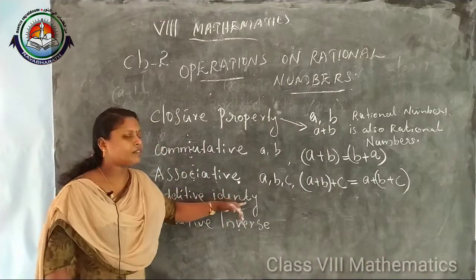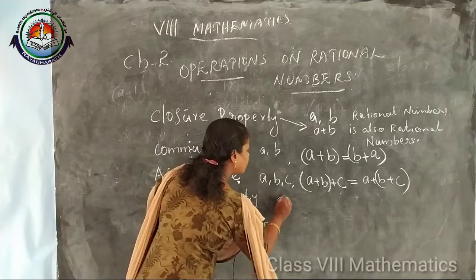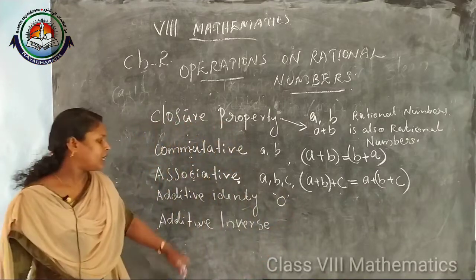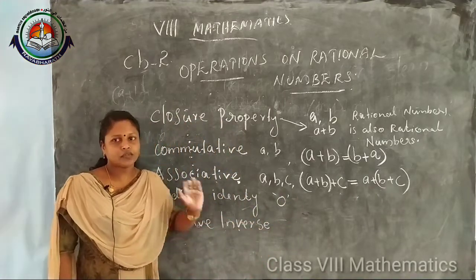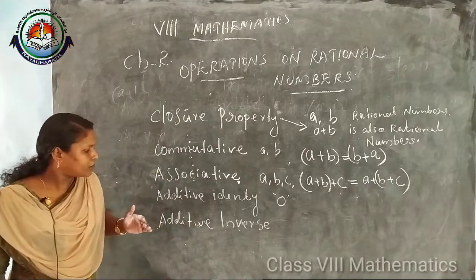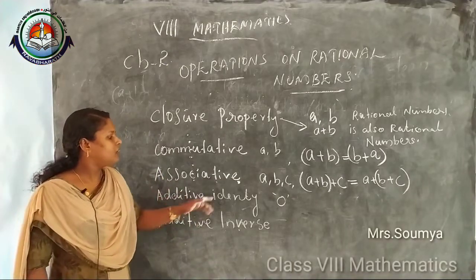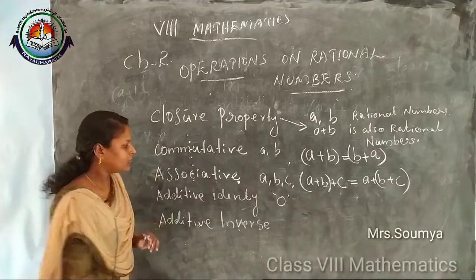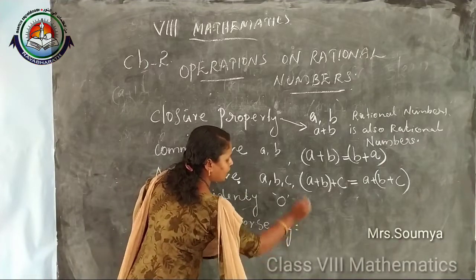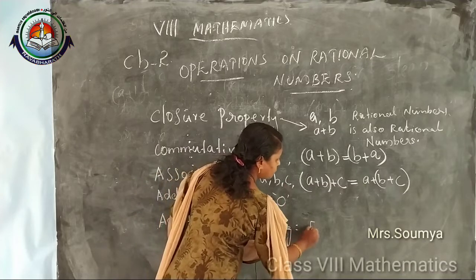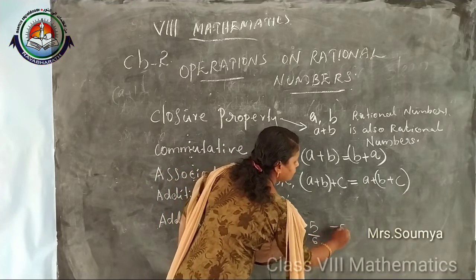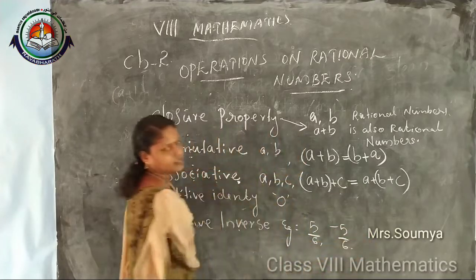Which is the additive identity? 0 is the additive identity. And additive inverse means if you add a rational number to another rational number and the sum is 0. Example, the additive inverse of 5/6 is negative 5/6.